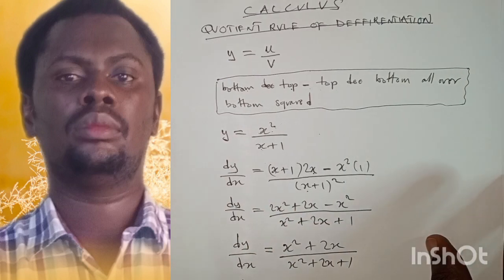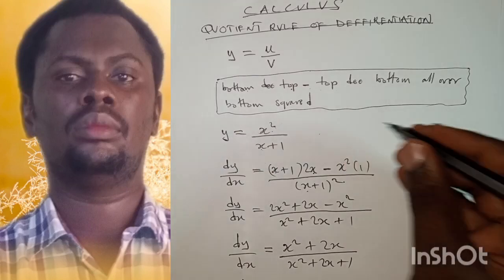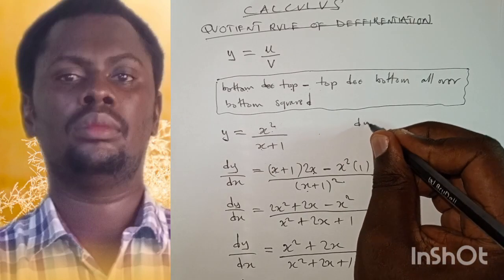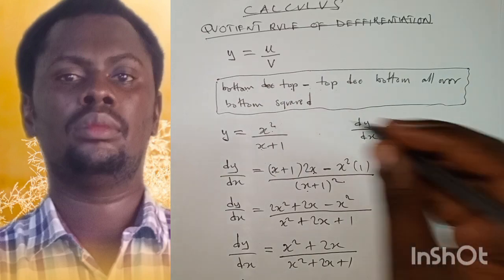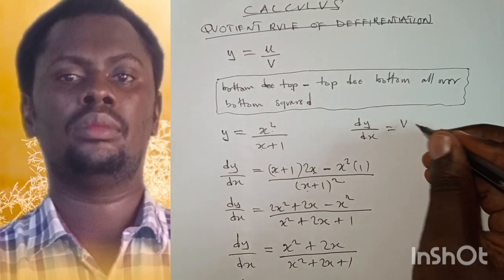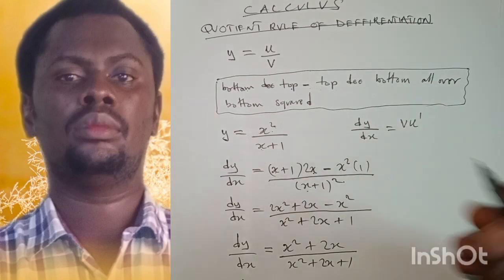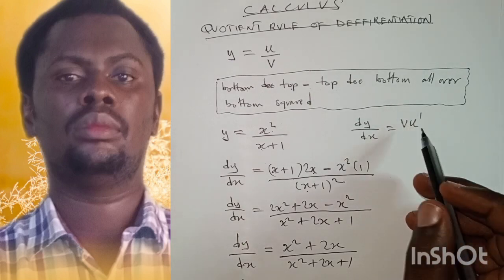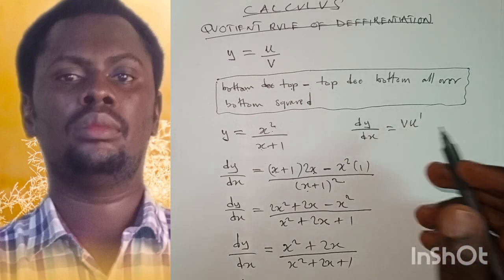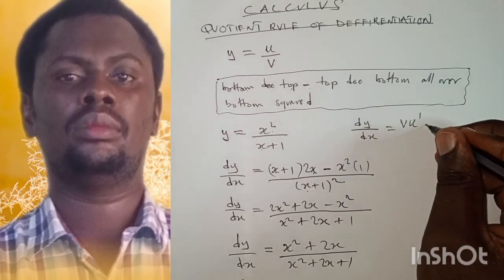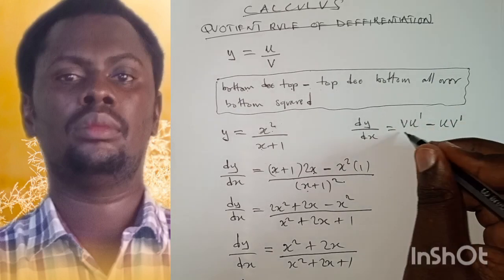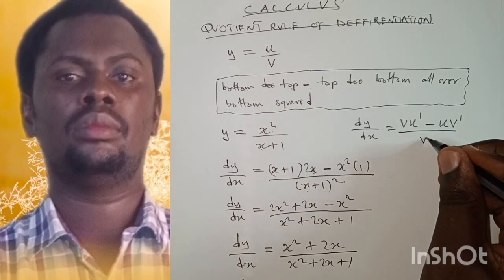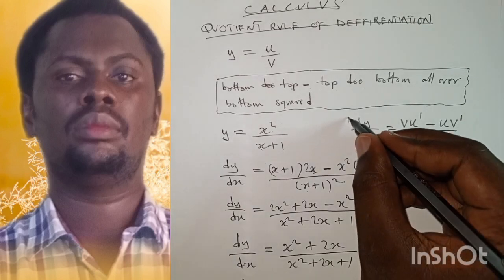If you want to write it in terms of calculus notation, dy dx is equal to v u prime, that is bottom the top, where u prime means the derivative of u, then minus u v prime, over v squared.